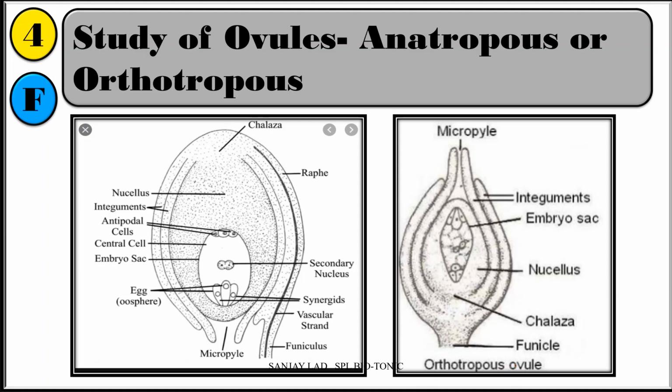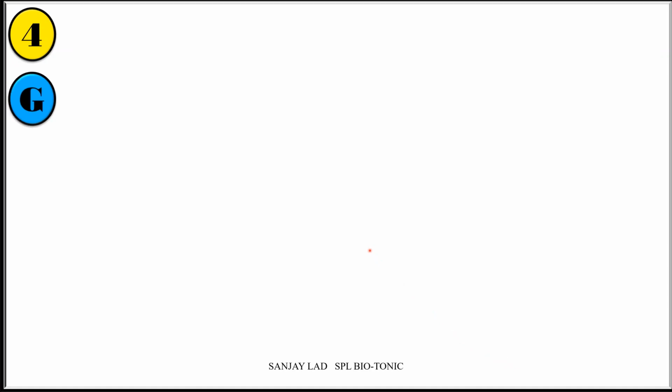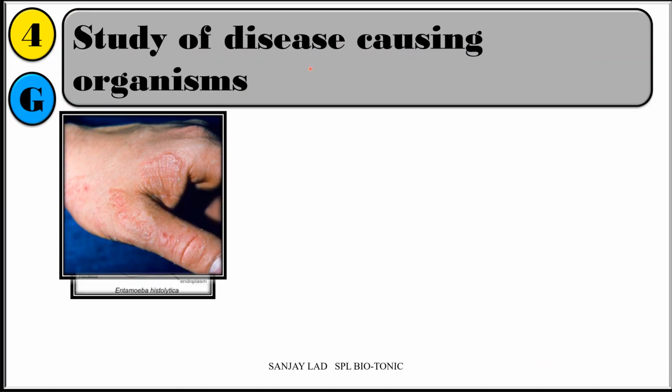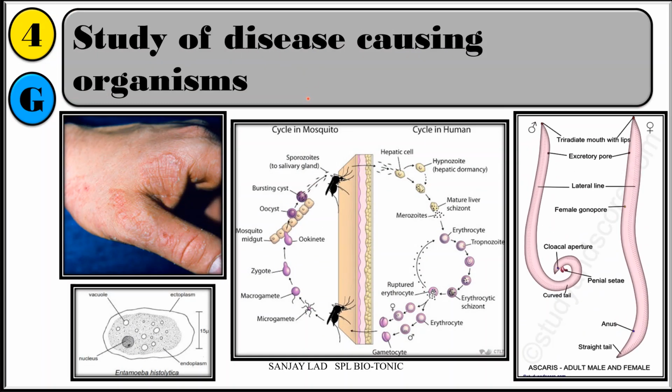Question 4G is about the diseases which are caused by various organisms. This is a ringworm disease. Students, it is interesting to know that it is caused due to fungus and not by any type of worm. The second is Entamoeba histolytica, which causes amoebic dysentery.